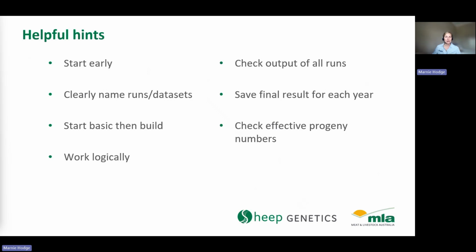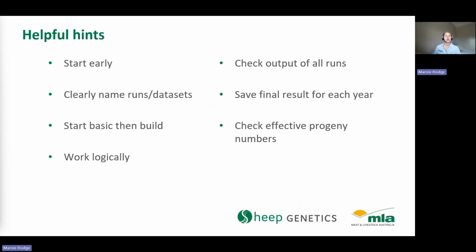Start with the basics and then build. So we always recommend starting with just a basic run using the index only, and then starting to overlay individual traits on top. Work logically. So again, thinking about setting up the logistics of your breeding program. If you need to do AI first, obviously that's going to be important.